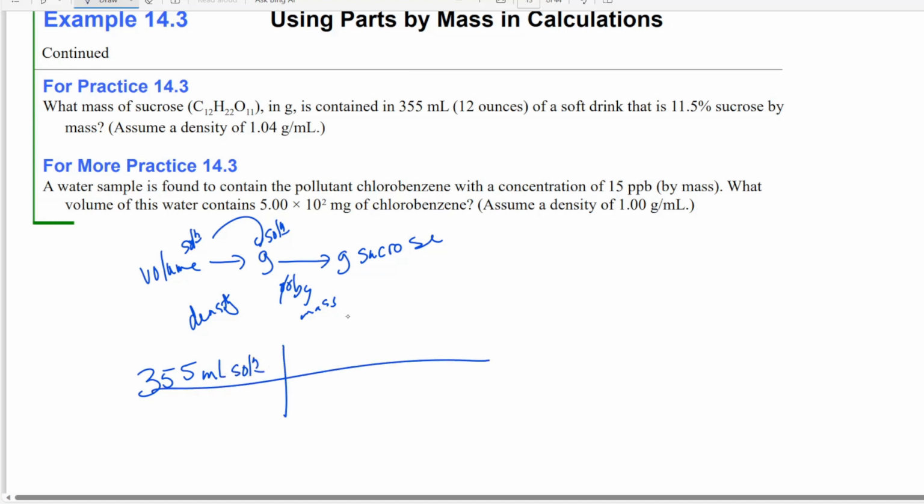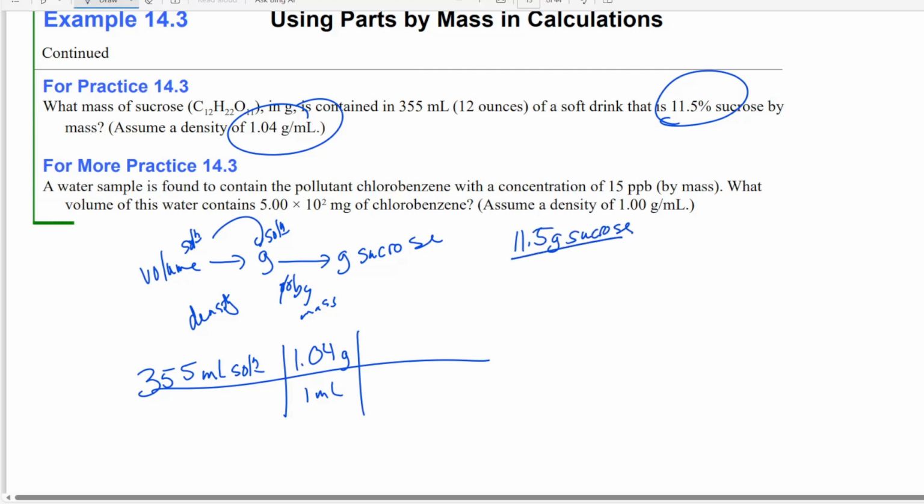We know that the density of the solution is 1.04 grams per 1 milliliter. Next, we're told that the solution is 11.5% sucrose by mass. That means we have 11.5 grams of sucrose for every 100 grams of solution. So we can use that for the conversion factor.